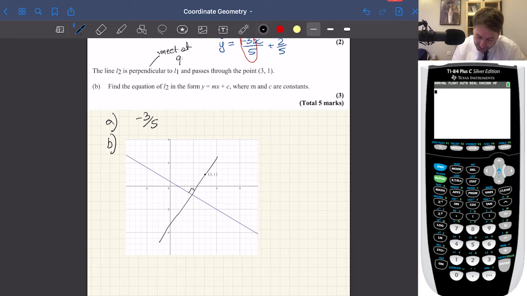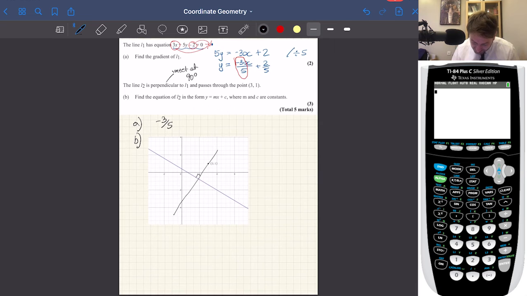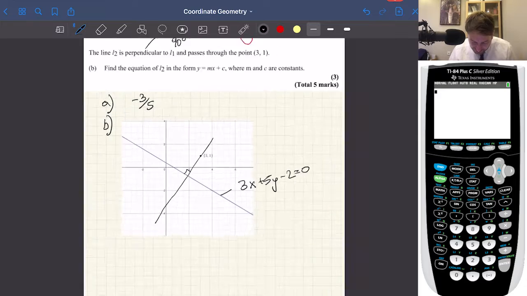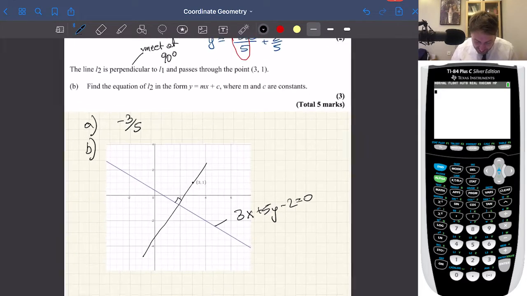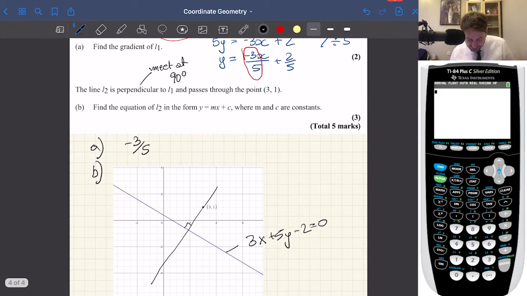By the way, this line here is your line 3x plus 5y minus 2 equals 0. And we have this perpendicular line, this black line over here, that goes through this point.